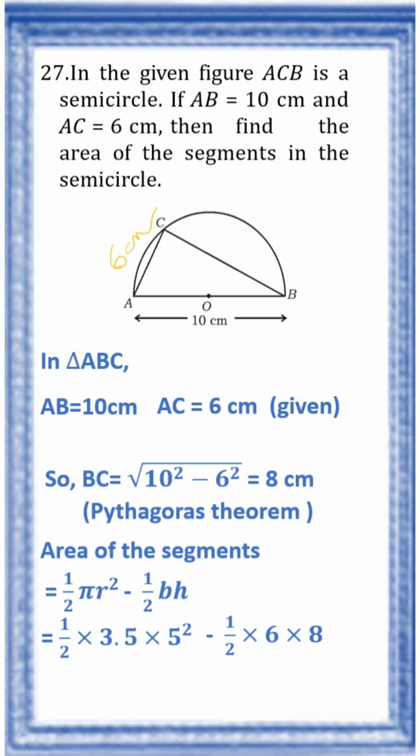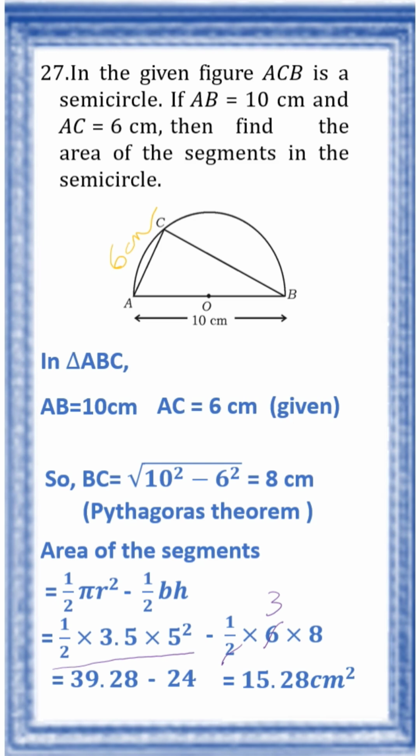Minus half into base is 6, height is 8 centimeter. Now, if you solve this one, you will get 39.28. Here, 2 3s are 6, 8 3s are 24. 39.28 minus 24 is equal to 15.28 centimeter square.